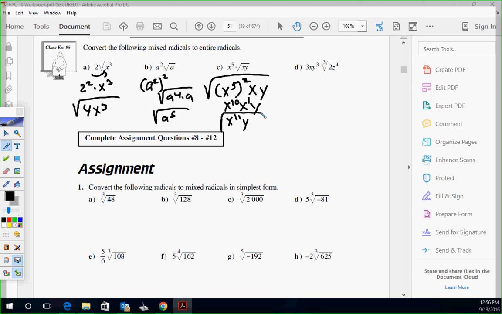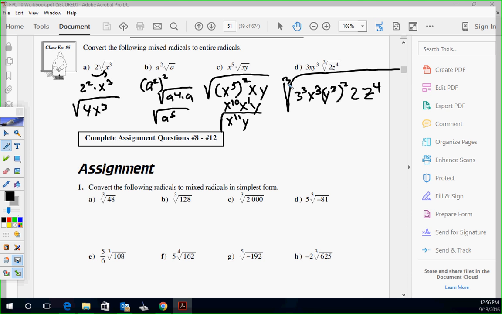All right. Last but not least, a little bit of a harder one. We'll just kind of do it piece by piece. It's cubic. So I have to cube the 3, I have to cube the x, and I have to cube y cubed. Okay, and then what's in there already is a 2 and a z^4. So this is all under the radical now. Now we just have to simplify it.